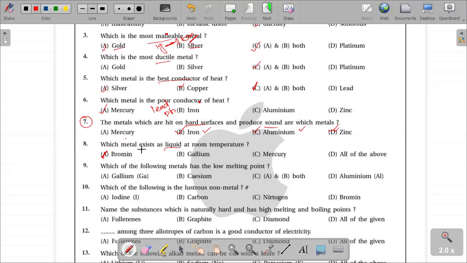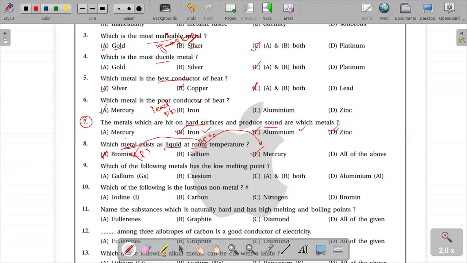It exists at room temperature in liquid form, but here they ask for a metal, so you should not select bromine. Mercury is a liquid at room temperature. Room temperature means 25 degrees Celsius. At 25 degrees Celsius, only mercury is liquid, and that too a metal. If they ask for a non-metal in liquid form, you have to select bromine.